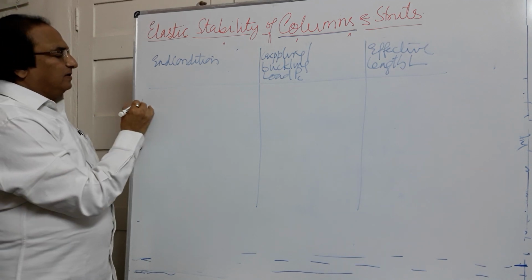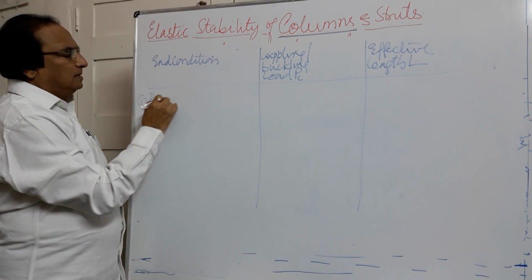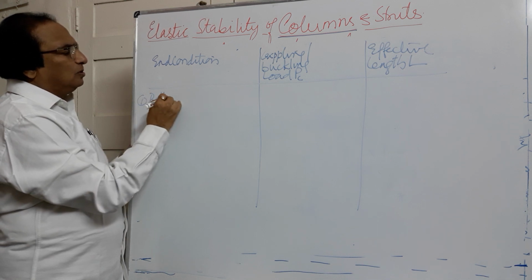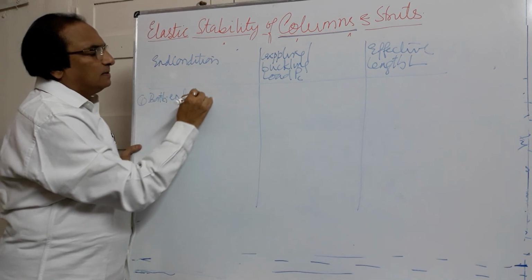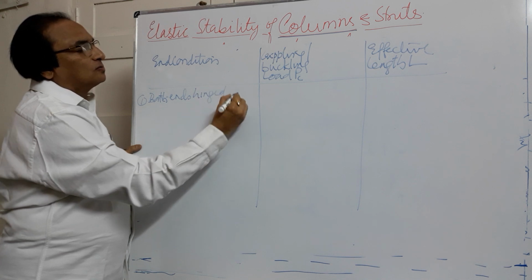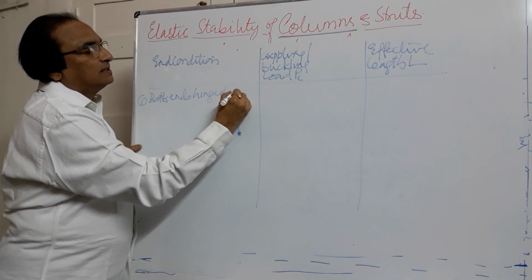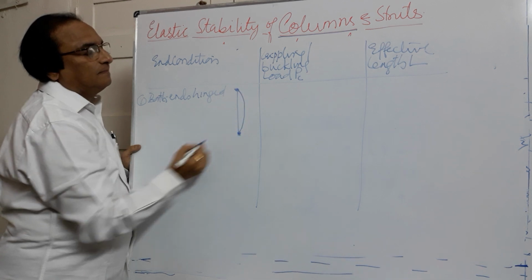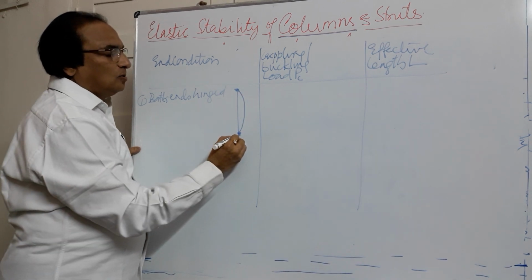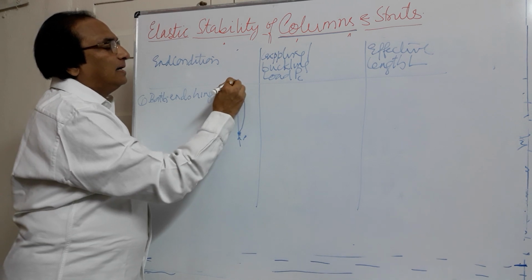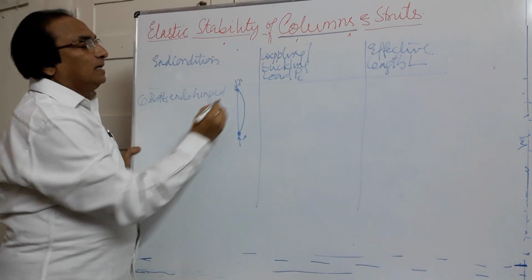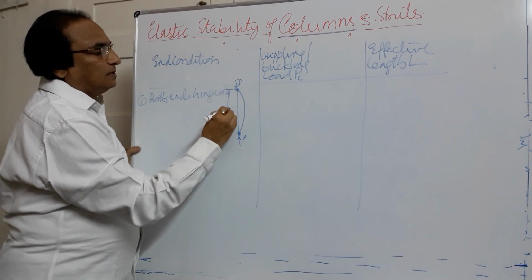So here if I take first condition, both ends, we have seen just now, both ends hinged. In that case, these are the columns hinged at both ends. It is going to bend like this. It is carrying the load at the bottom and at the top. Small l is the actual length of the column.